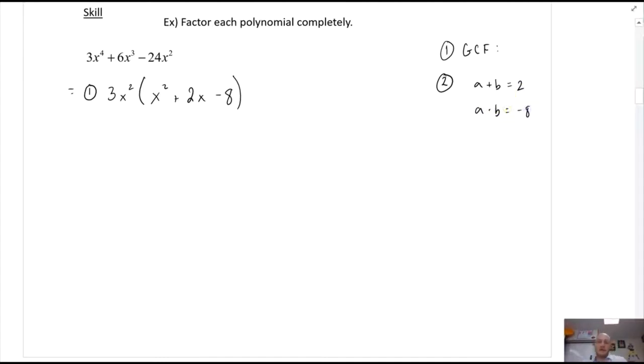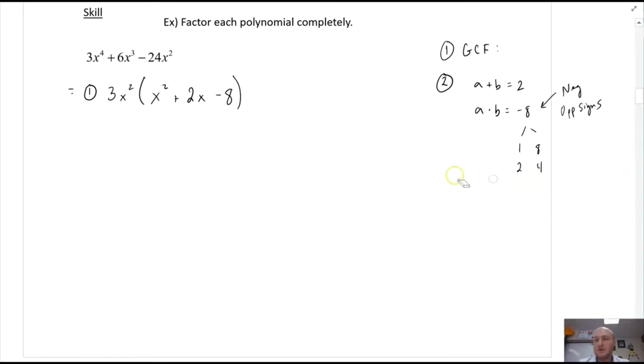and multiply to give me negative 8. Okay, so again, you can make a list, 1 and 8, 2 and 4, 4 and 2, and that's it. Okay, but notice now, this is negative. So these are going to be opposite signs. So if I have here, how about this, a negative 2 and a positive 4, that works.